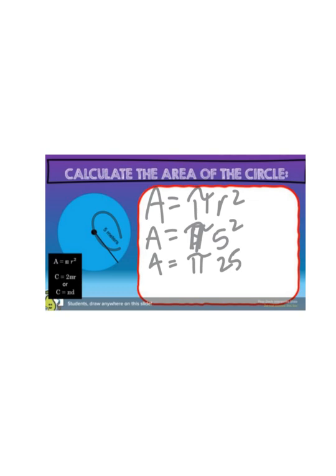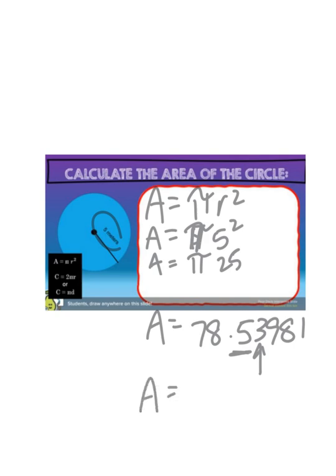Now I'm going to hit my pi button on my calculator, times 25 equals, and I'm going to get this value, 78.53981. And in our class, we're rounding to the nearest tenth, so we're going to look at that number 3 as our clue. And since 3 is less than 5, we're going to keep our value being 78.5 meters squared.